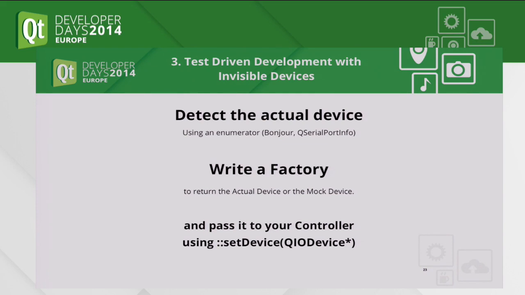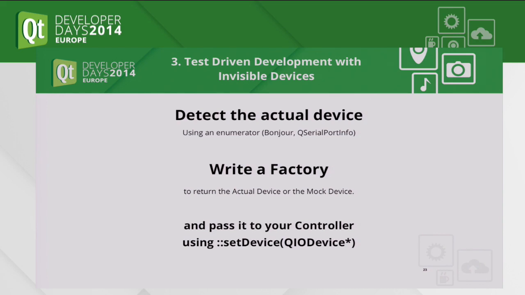For network-related devices, you have, for example, Bonjour, the Apple version of the ZeroConf protocol. That protocol allows a device to announce itself through a defined name and interface. So you can try to connect to that, search if it's there, and if it's not, you can do something else.